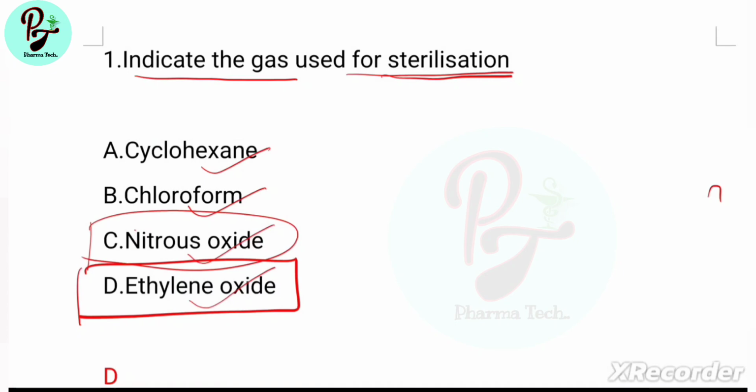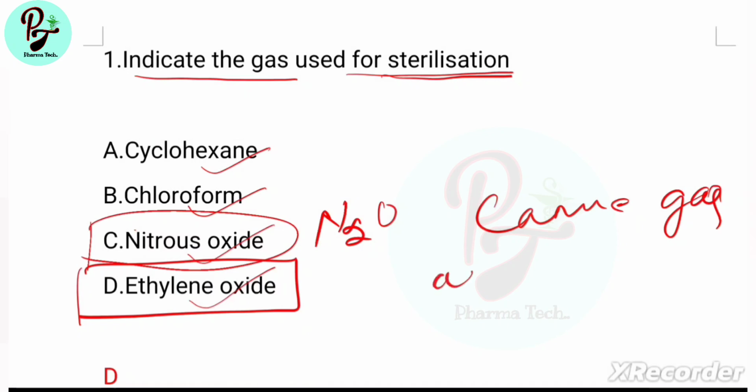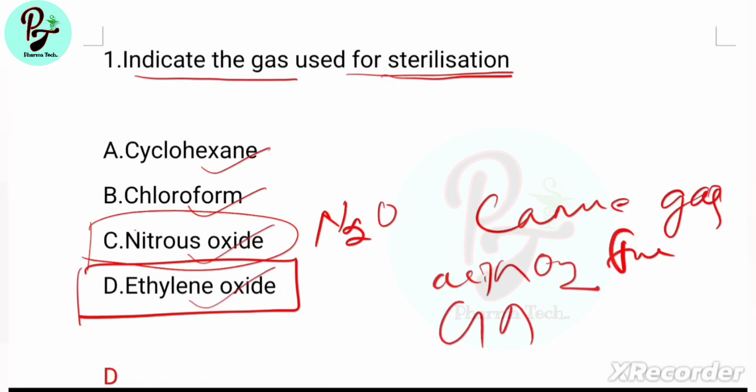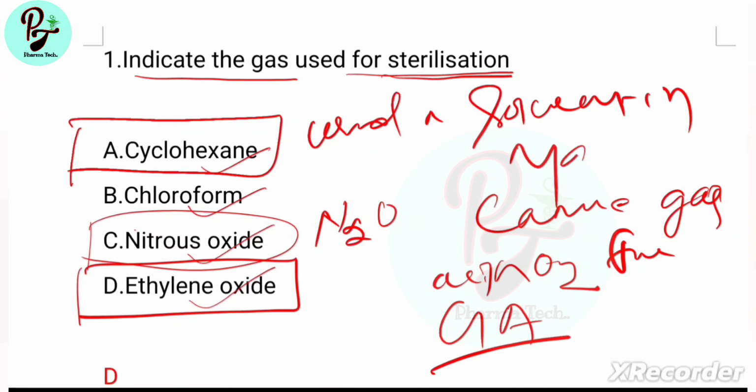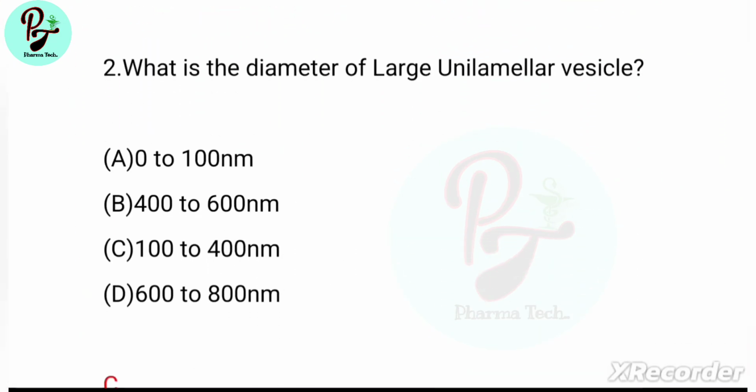Nitrous oxide, N2O, is used as a carrier gas with oxygen for general anesthesia. Cyclohexane is used as a solvent in manufacturing.